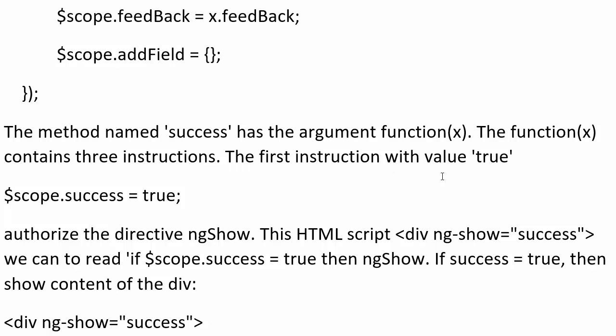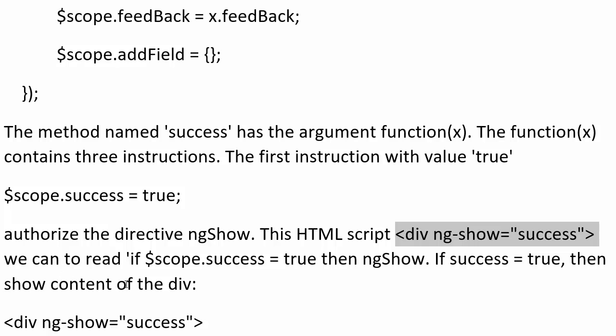The first instruction with value true, $scope.success equals true, authorizes the directive ng-show, this HTML script, div ng-show equals success.